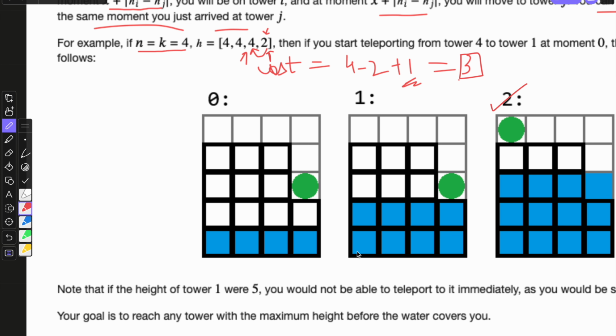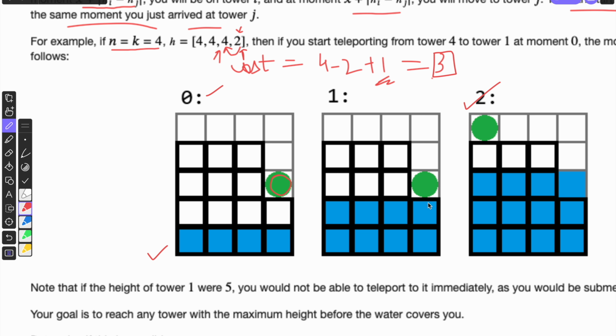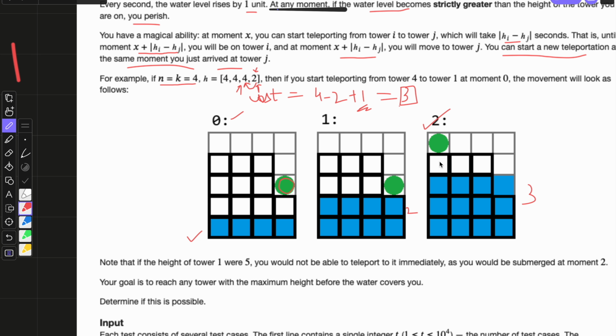If we look at when the water level was 1 here, then the water level increased to 2, and as soon as the water level increased to 3, the ball, or the player, whatever it is, was teleported.